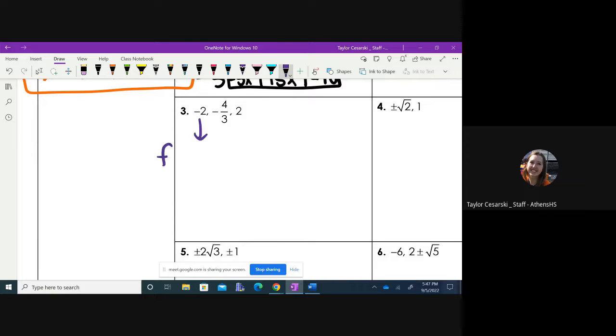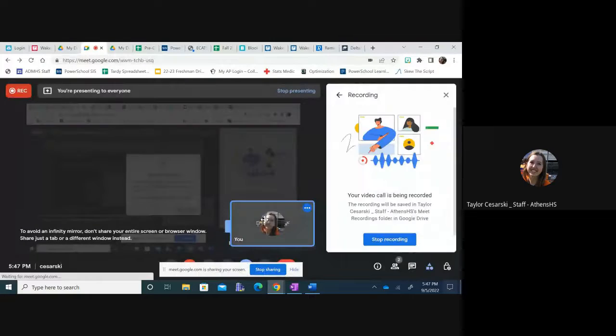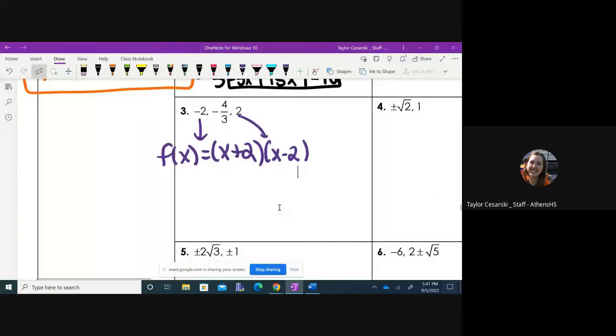All right, so this will look like x plus 2. I'm going to go ahead and do this one next. X minus 2. And then, all right, for negative 4/3, we could write that as x plus 4/3, but we don't want fractions in our roots. So think about what, if you set it equal to 0, would give me negative 4/3.